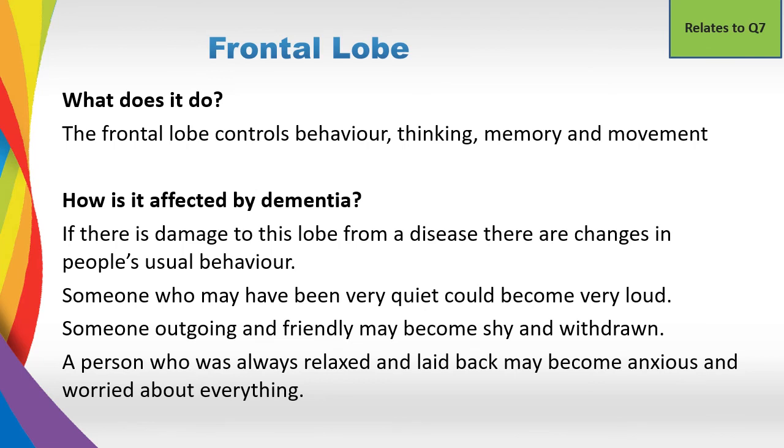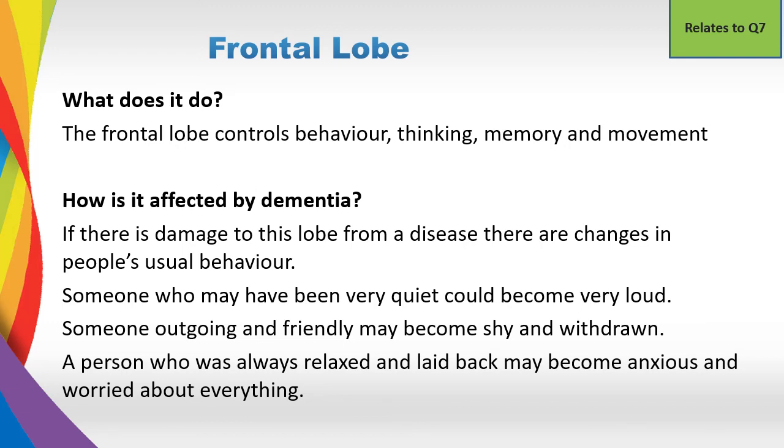The frontal lobe. So what does the frontal lobe do? This controls behaviour, thinking, memory and movement. And how is this affected by dementia? If there is damage to this lobe from a disease, then there are usually changes in people's behaviour. Previously we looked at frontotemporal dementia and we said that rudeness was part of it.